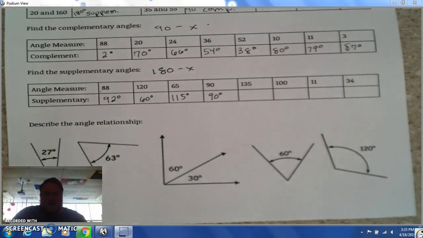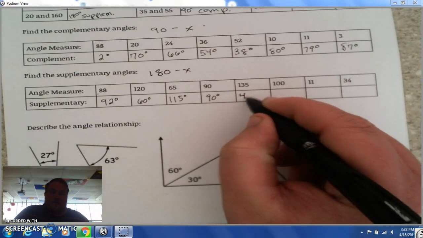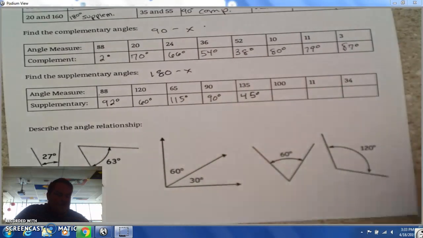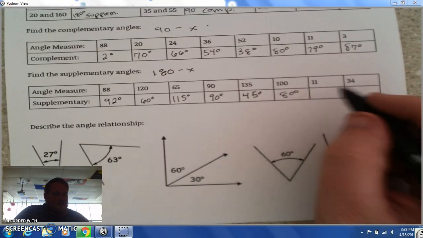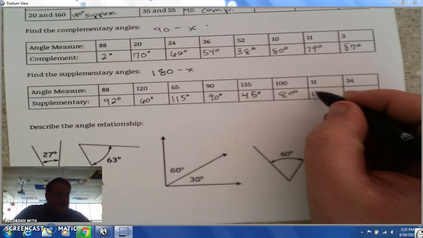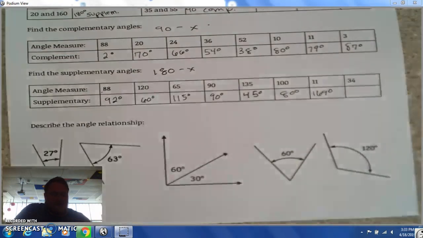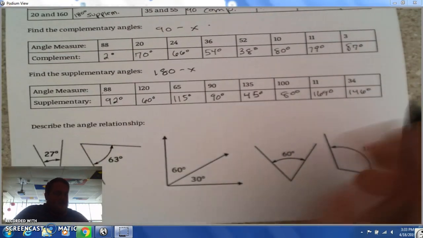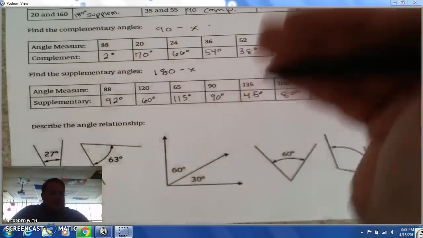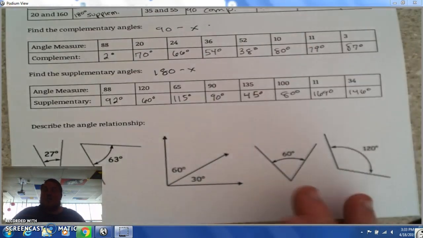Okay, 180 minus 135 gives you 45 degrees. And so forth and so forth. You guys can do that. It's 80 degrees. Okay. 169 degrees. And 146 degrees. Okay. So that's how you would solve that type of situation.